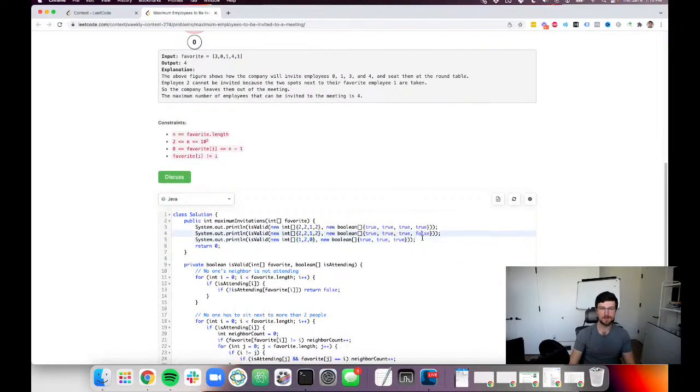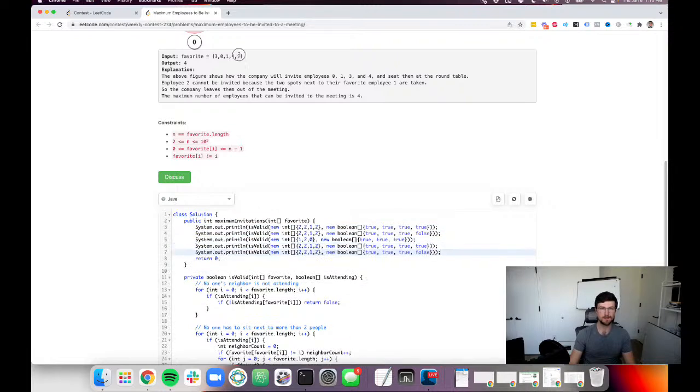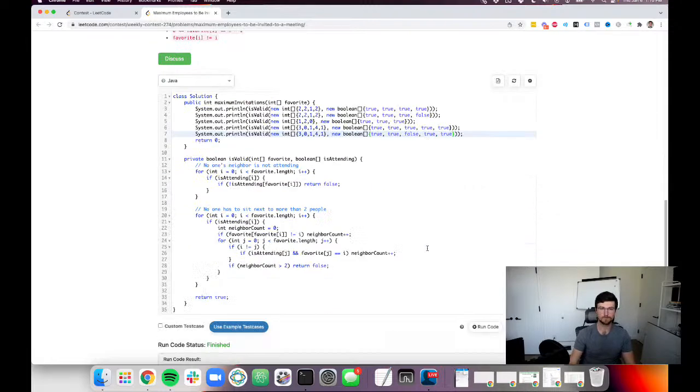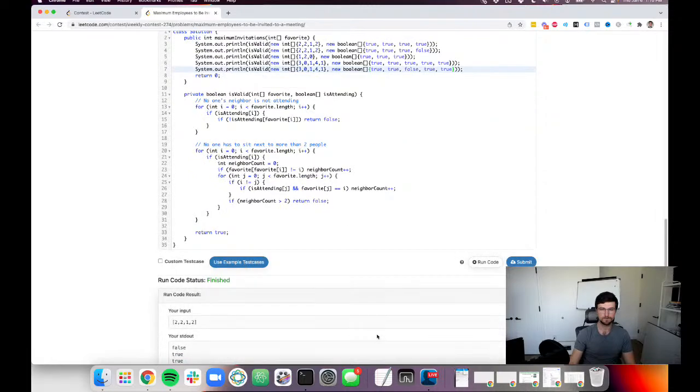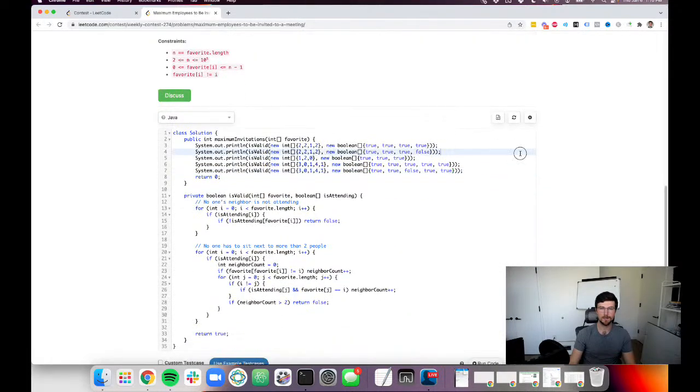Once we get this part done, the rest of it is actually going to be relatively easy, because this is all the logical complexity that we have to deal with. We need to add an extra one, and then we're not inviting employee 2. Yep, okay, great. So this seems to be working.